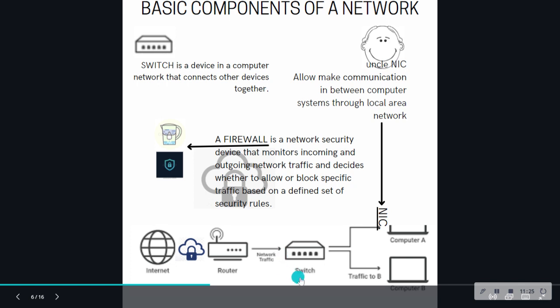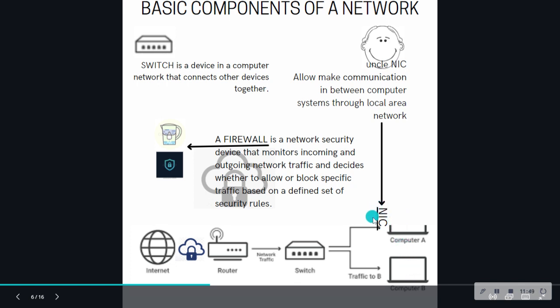It will be connected to the switch, and then the network traffic will be controlled, and you'll have your router, you'll have your firewall in between your internet and your router. So let's discuss the components that we have in front of us. Let's start off by looking at computer A and B.